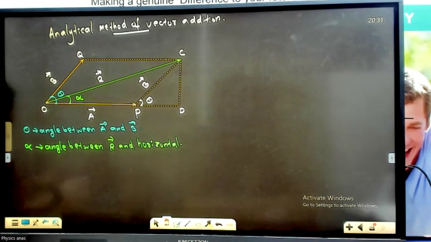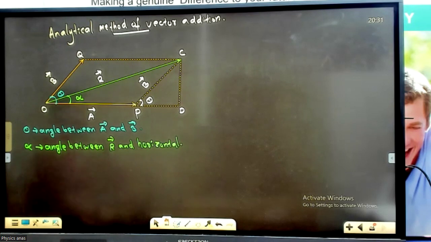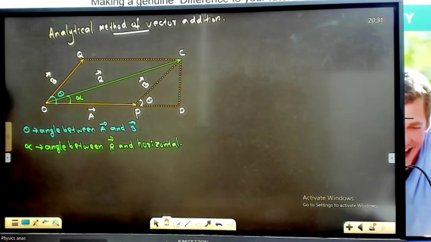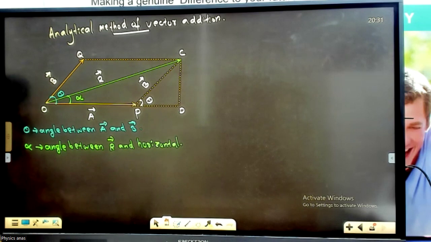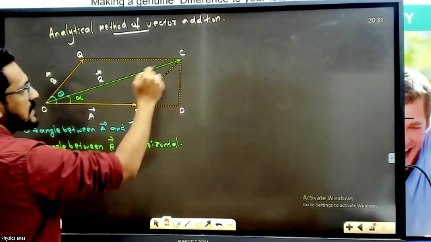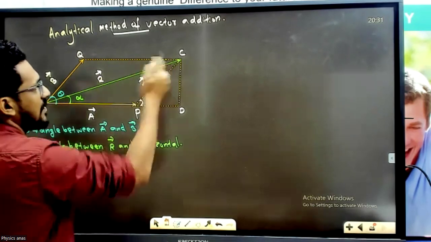Now I want to find an equation for the resultant. How can I find the equation for the resultant? What is this resultant actually? ODC is a right angle triangle, and the hypotenuse of that right angle triangle is this.